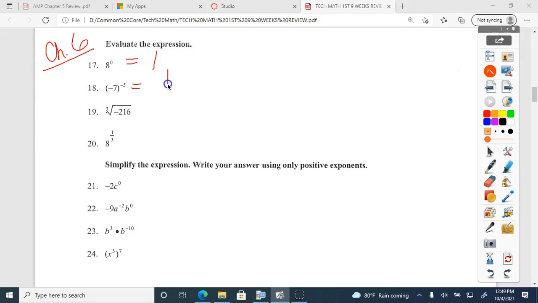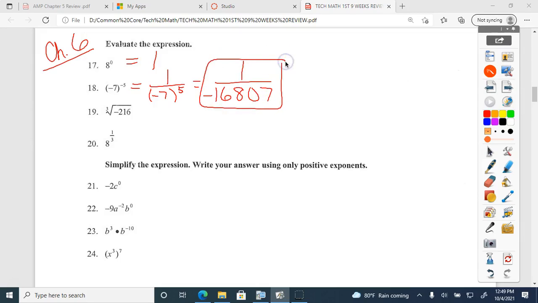Now when I move it to the bottom, the 7 stays negative, but the 5 is what becomes positive. So this is 1 over, I need to figure out what negative 7 to the 5th is. So what is that? Negative 16,807. And you just put 1 on top of it, okay? Any questions?